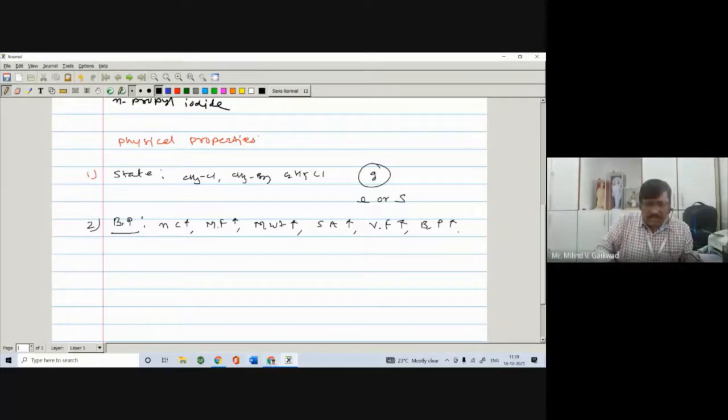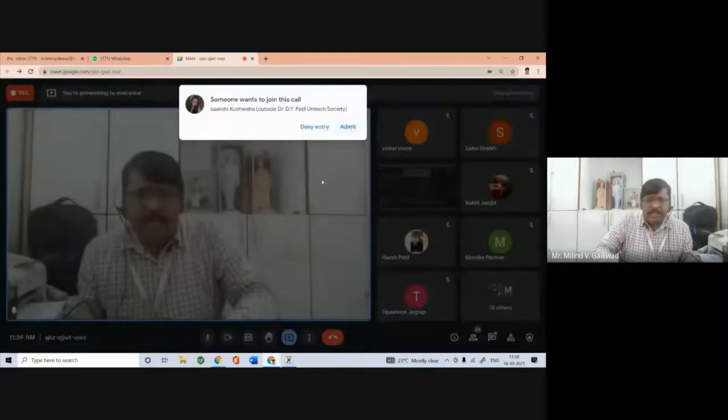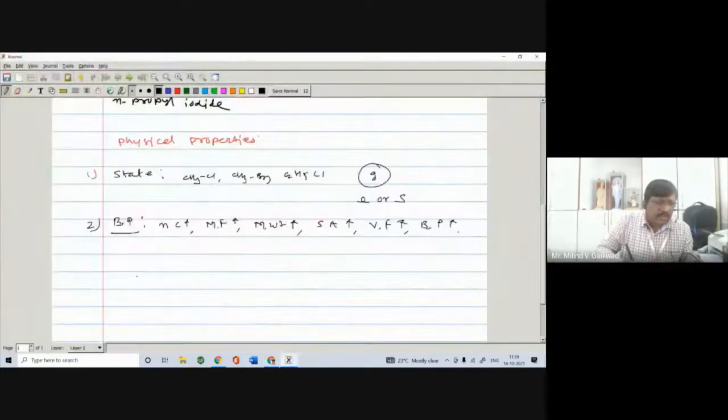For example, suppose you take the example like this one: CH3, CH2, CH2, and CH3. It is your n-butane compound. If you see experimentally, the boiling point of this one is found to be 36 degrees centigrade, right?